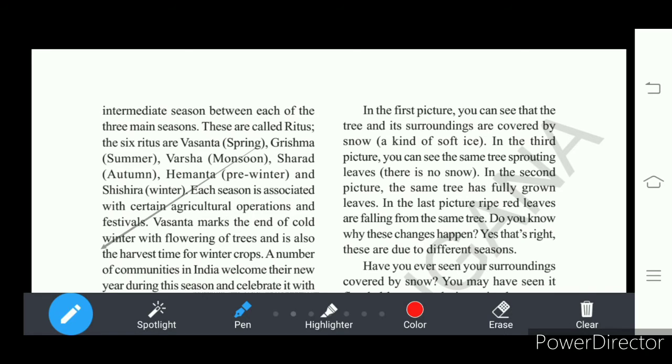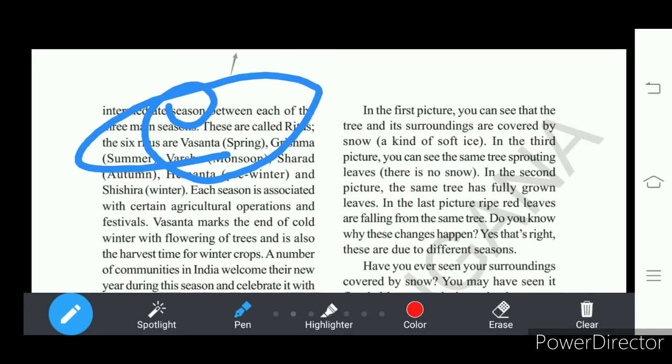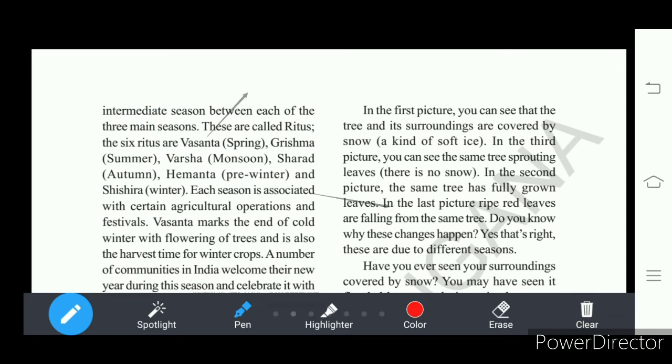How can we say that Vasanta Ritu has started? When we see that trees have flowers, when flowers are coming, right? That is a harvesting time. It is harvesting time for winter crops.